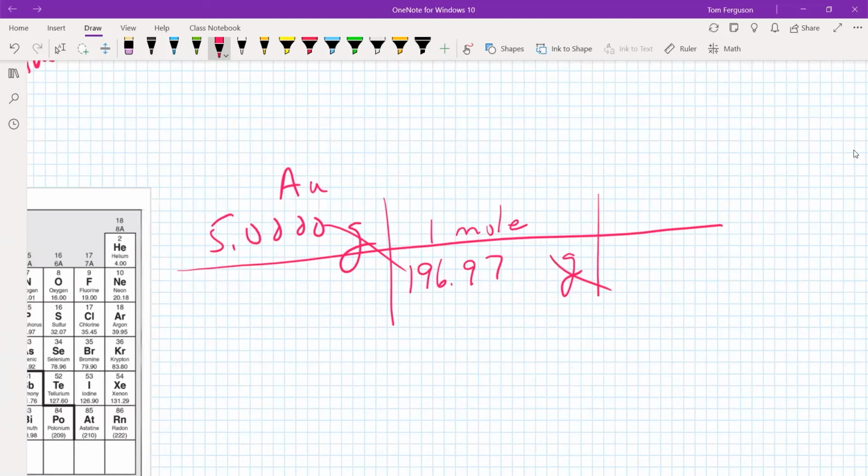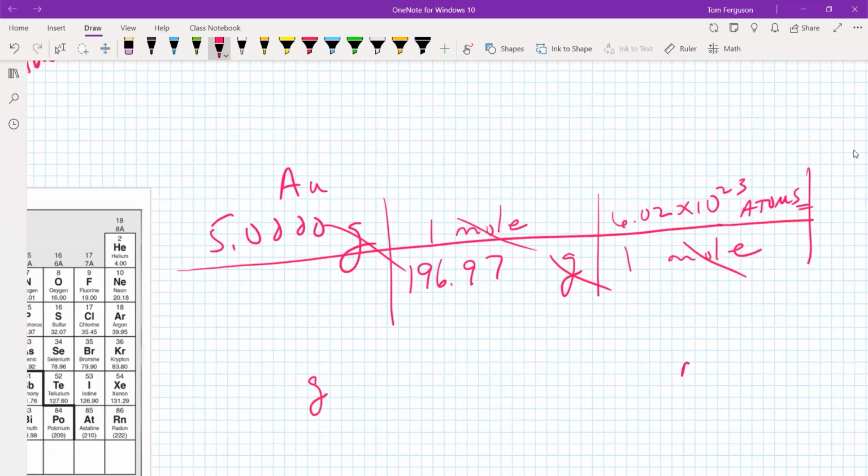Now we need to convert that into atoms of gold through Avogadro's number conversion factor. And again, we want moles to cancel. And what are we left with? Atoms. So we started with grams. We wanted to end up with number of atoms.